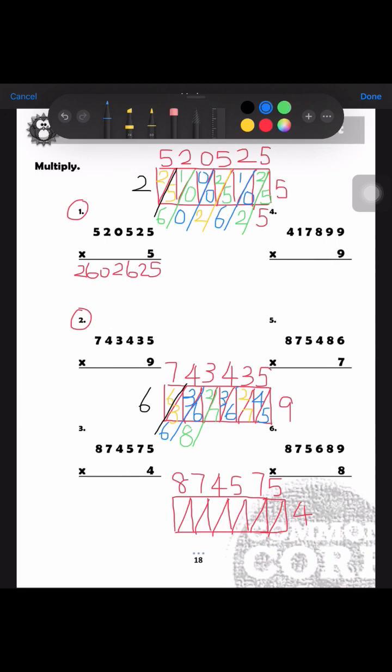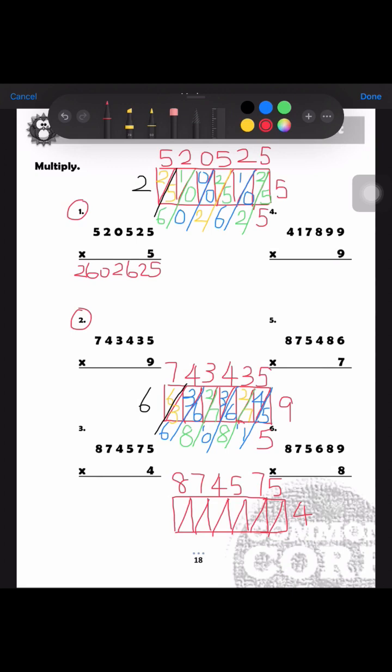And then 3 plus 7 equals 10. And we need to regroup. And then 2 plus 6 equals 8. And then 4 plus 7 equals 11. Again, we need to regroup. And then the last one is 5.